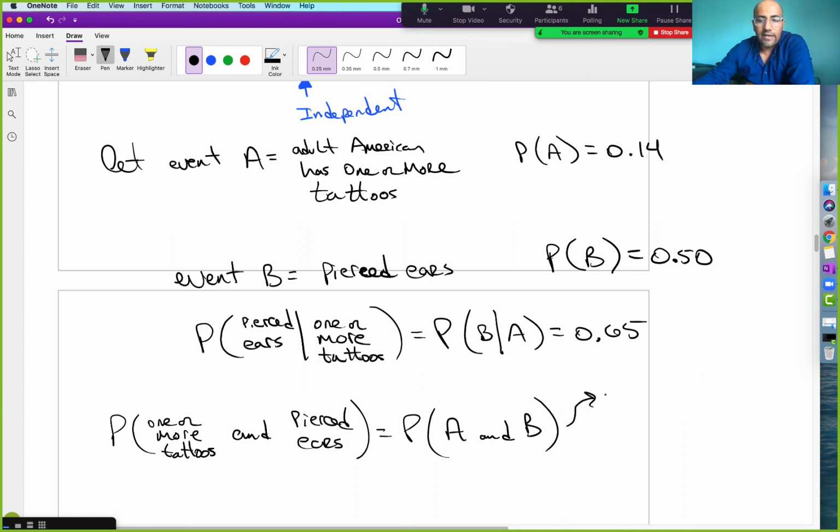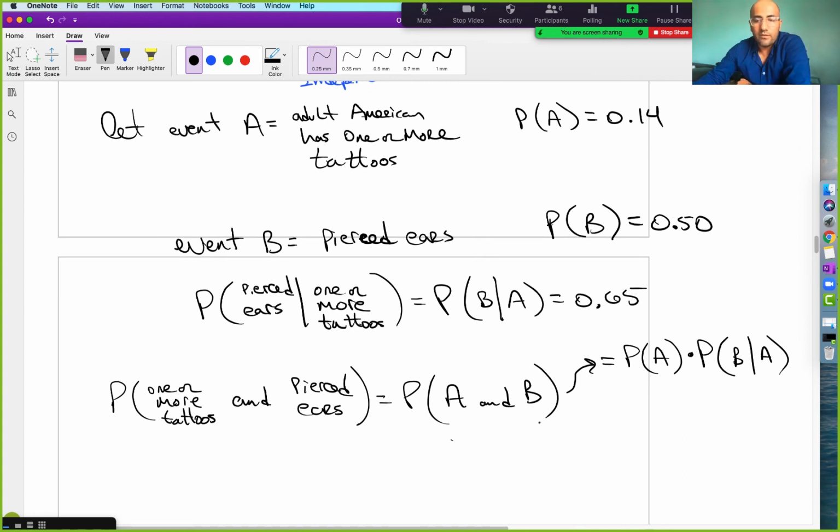And the probability of A and B comes in two flavors actually. We can either say that it's equal to the probability of A times the probability of B given A, this way, or another way to say this is that it's equal to the probability of B and A. So the order in which I write the and here doesn't matter.